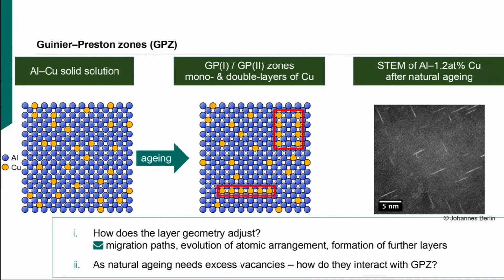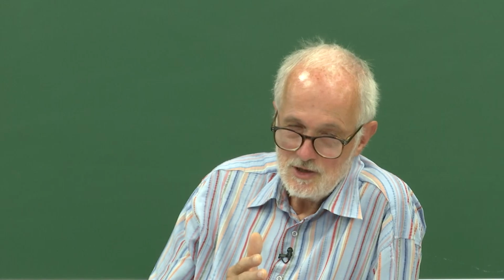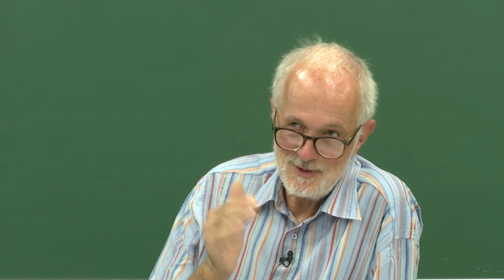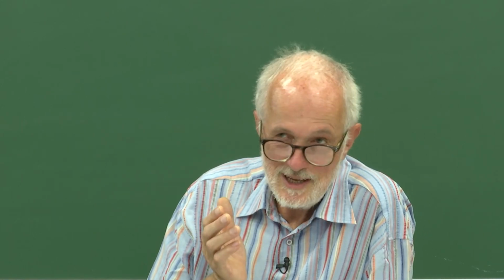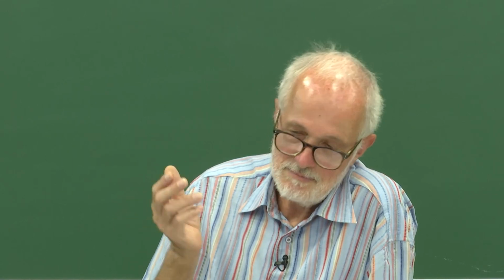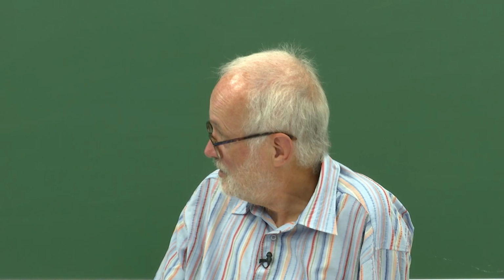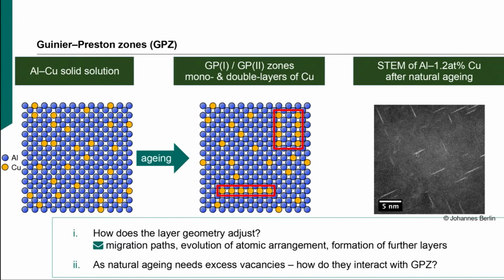So you form the precipitates at room temperature, despite the fact that it should not be possible if you just consider diffusion length or so, because you have a pretty high number of excess vacancies. And I don't know whether you can see it from the back. These are all single atomic rows, so that's a transmission electron microscopy image. So these are all copper atoms. These are Guinier-Preston zones, single atomic layers of copper on 100 planes.